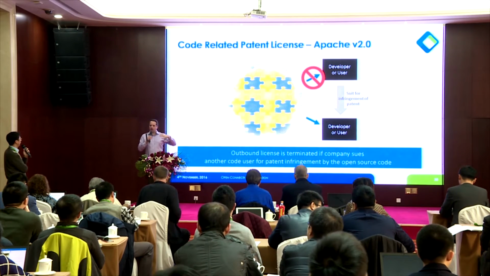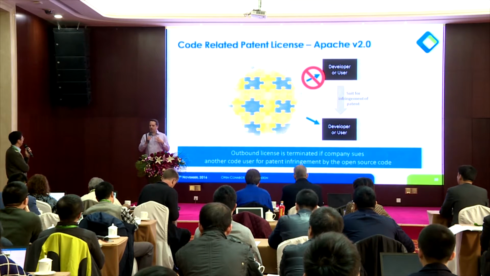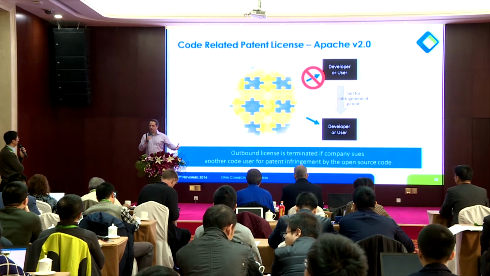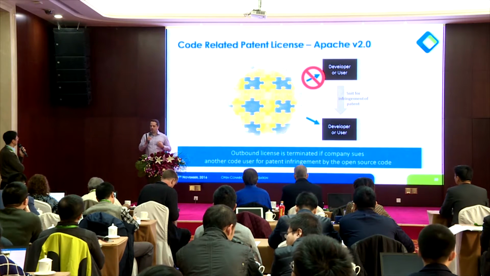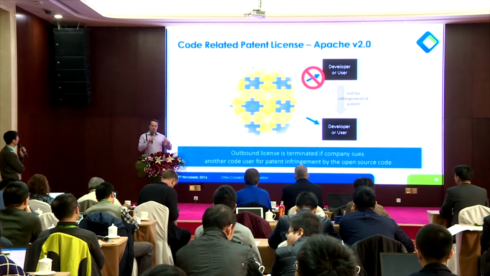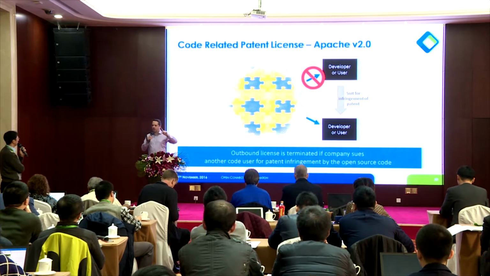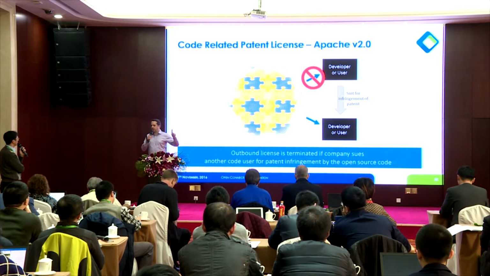the only protections you can put in place are connected with what code the company contributes and what code a company uses. So let's imagine, first thing, nobody can protect you against a patent troll.